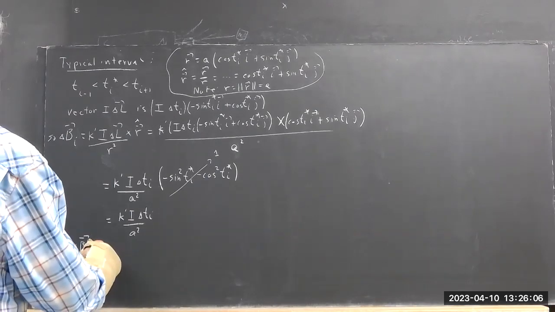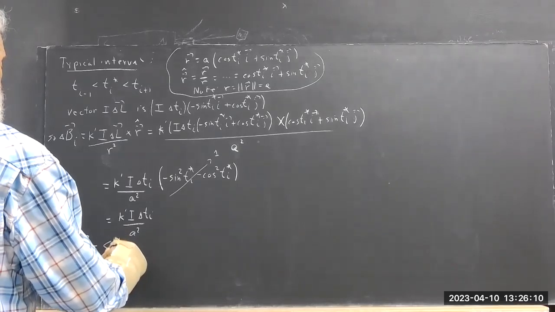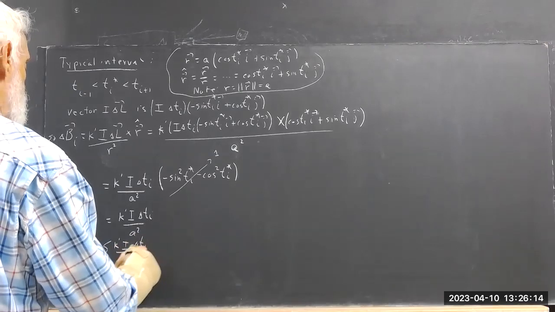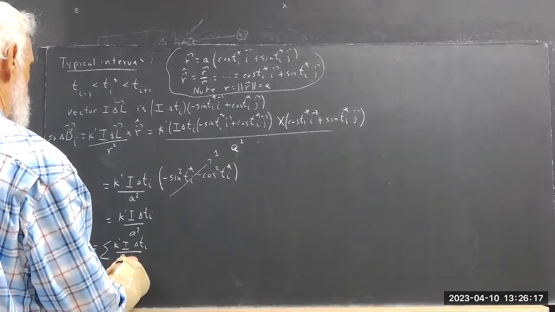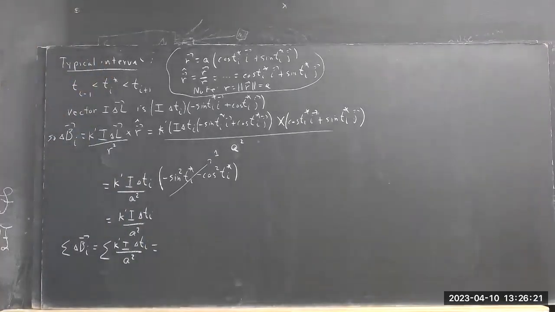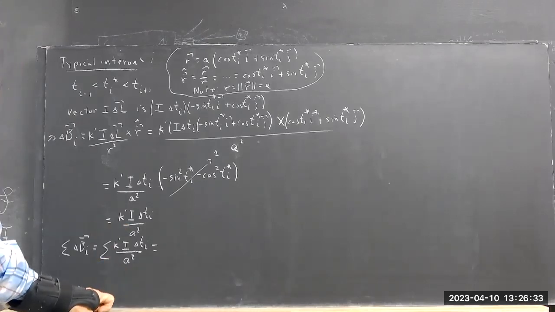The delta V_i is the sum of your k prime I delta T_i over A squared, right? So how are you gonna deal with that sum? Well, k prime I and A squared are constants.